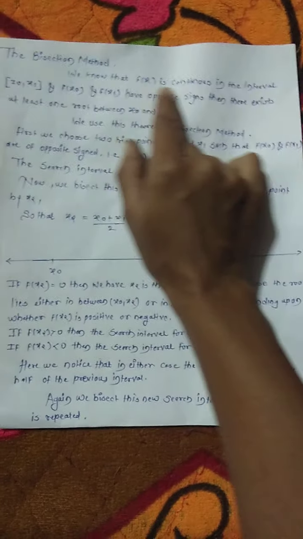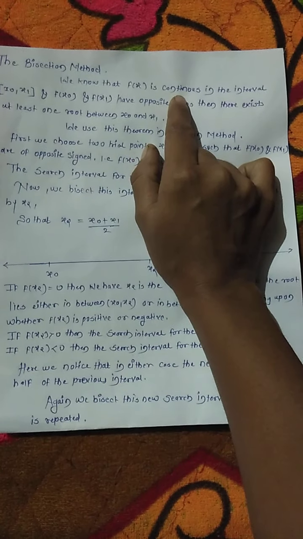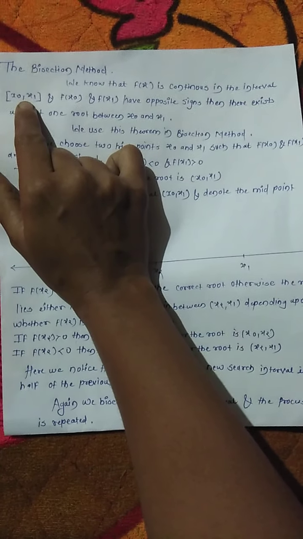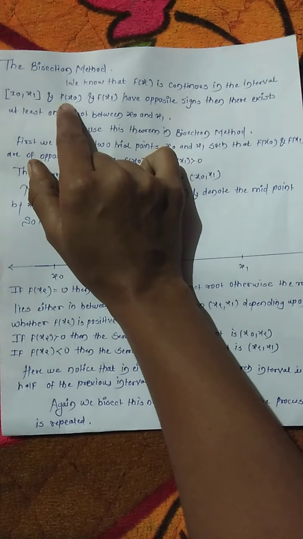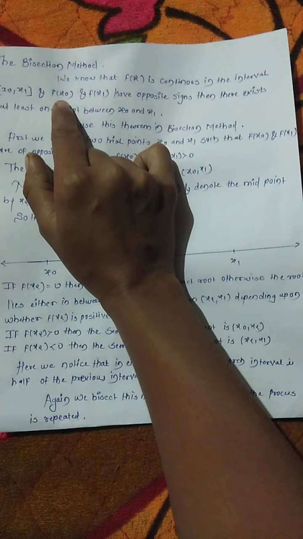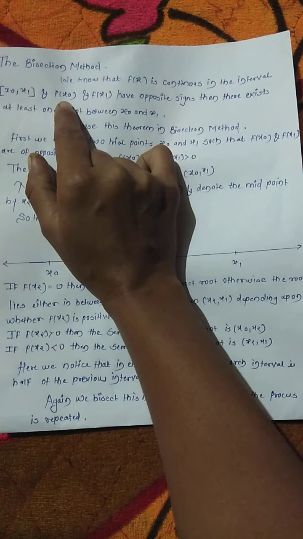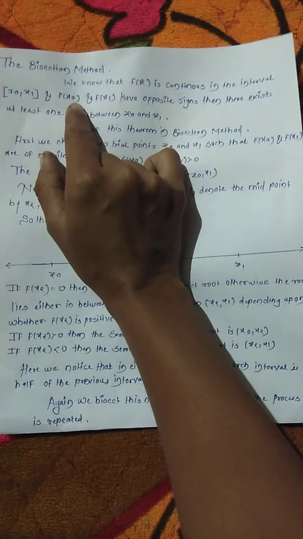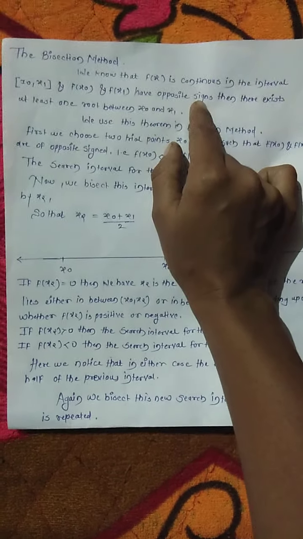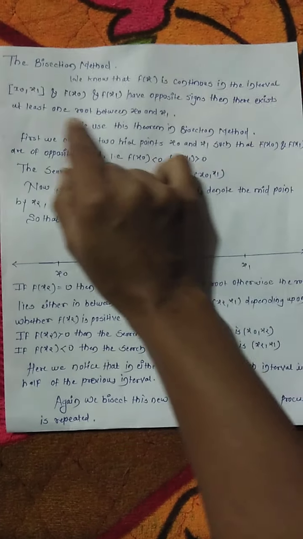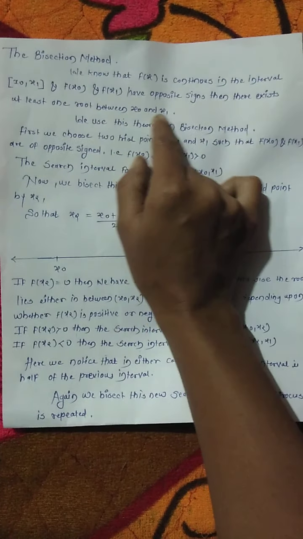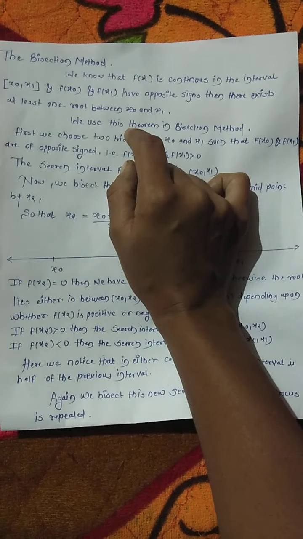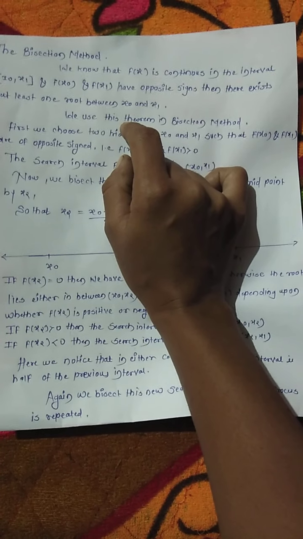Given a function f of x that is continuous in the closed interval x0 x1, if the images of the two endpoints have opposite signs, meaning f of x0 and f of x1 have opposite signs, then there exists at least one root between x0 and x1. We use this theorem in the bisection method.